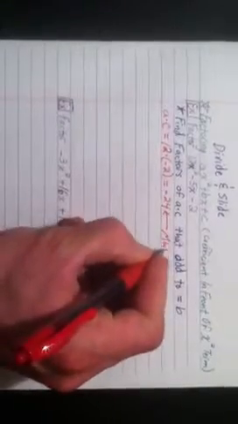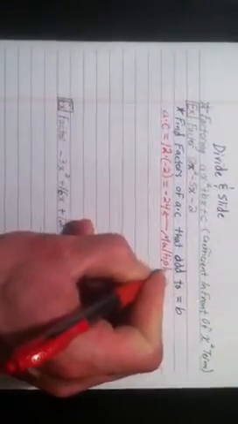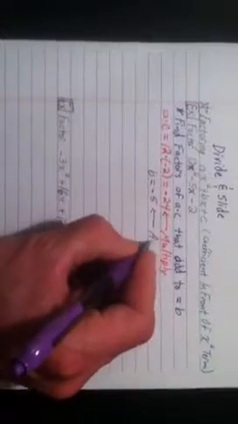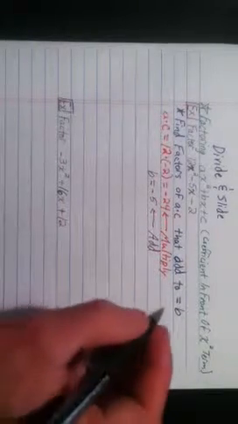So we need two numbers that multiply to give us that, but that also add to give us our b value, the middle term, the x term's coefficient, negative 5.